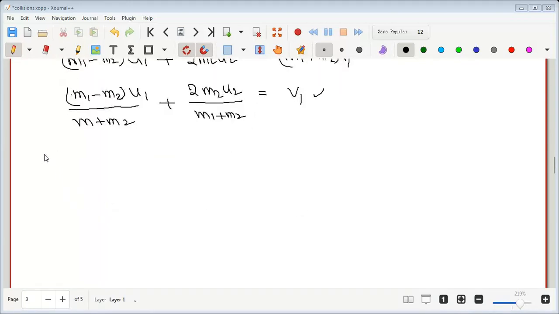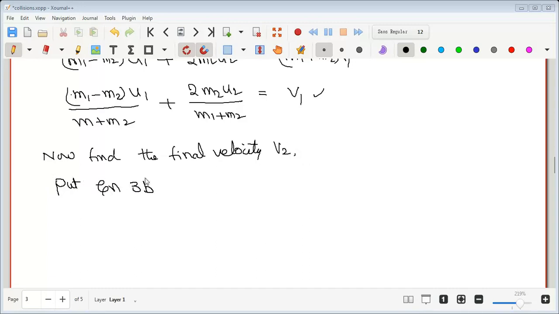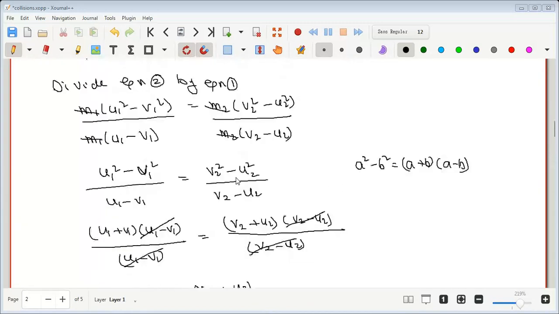Now find the final velocity of the second body v2. For that, put equation 3b in equation 1.